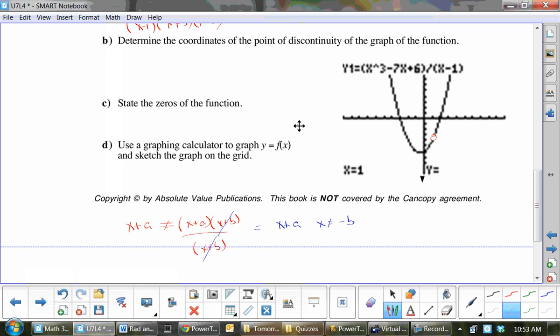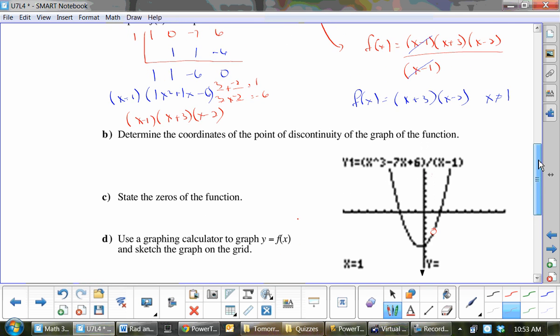Now, the question would be, what are the coordinates of the point of discontinuity? The coordinates are quite easy to find. Your calculator will not give them to you, as you can obviously see. One error is not a coordinate. So all you have to do is put your non-permissible value in your newfound equation.